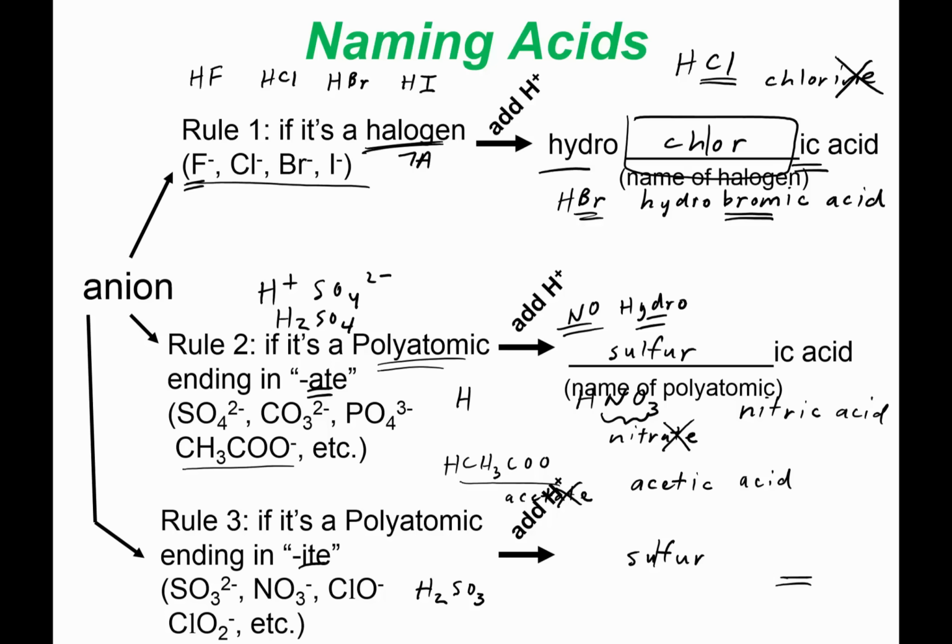If you have HNO2, this ion is nitrite, so this would be called nitrous acid. So a couple examples on acids.